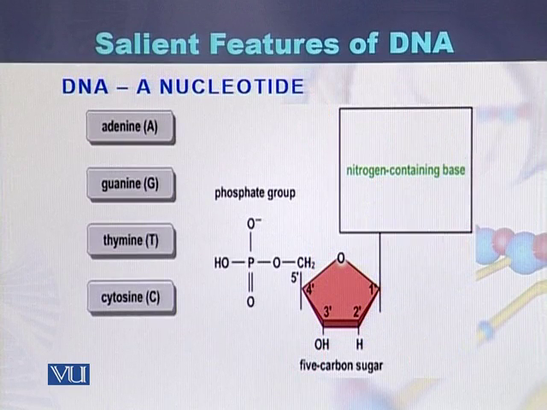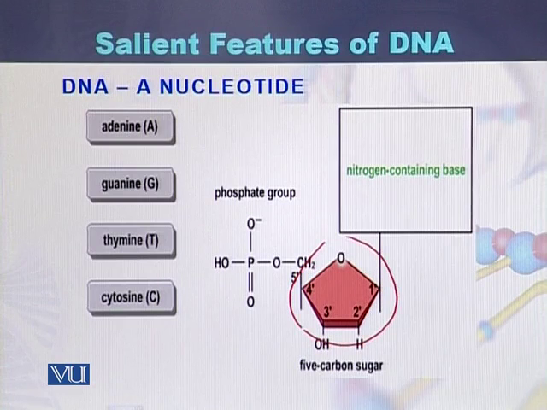If we see the structure of a nucleotide, because the nucleotide is the building block of the DNA, a nucleotide consists of three parts. One is the 5-carbon sugar, with carbon number 1, carbon number 2, carbon number 3, carbon number 4, and here is carbon number 5.